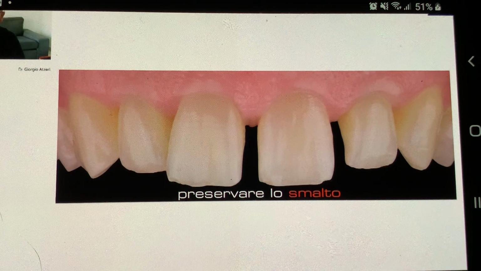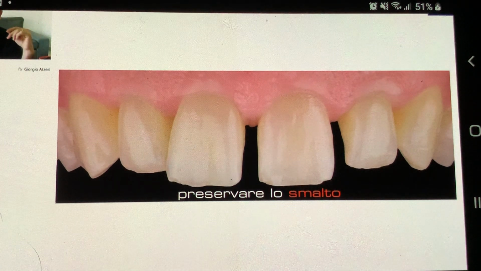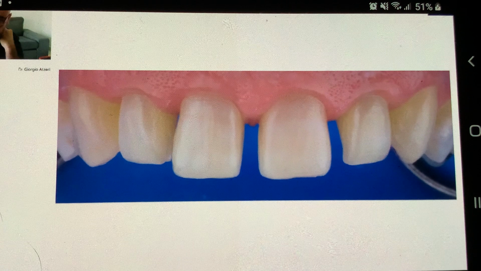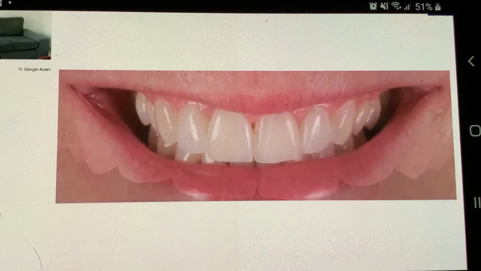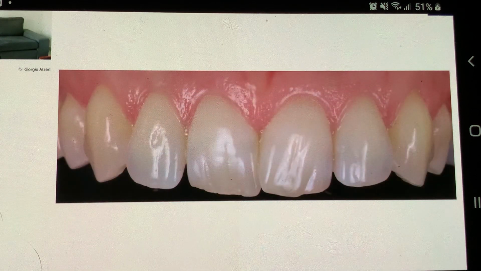us to preserve over time the thickness of the gums and of the enamel, but also the long time duration. You see, teeth have been reconstructed in this case.